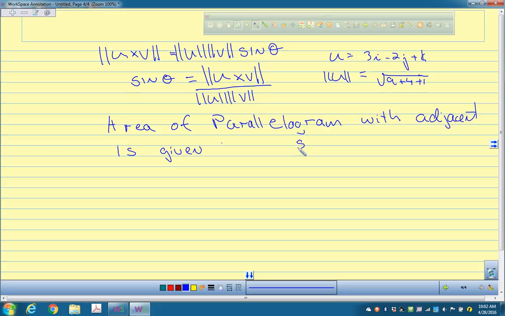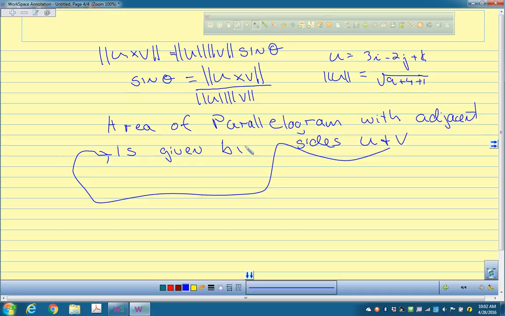Adjacent sides U and V, is given by, it's just the magnitude of U cross V, okay?